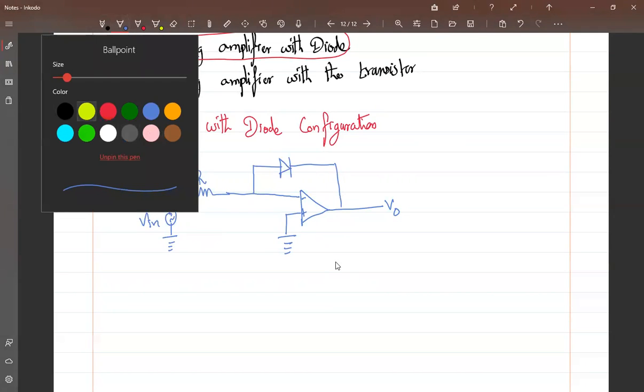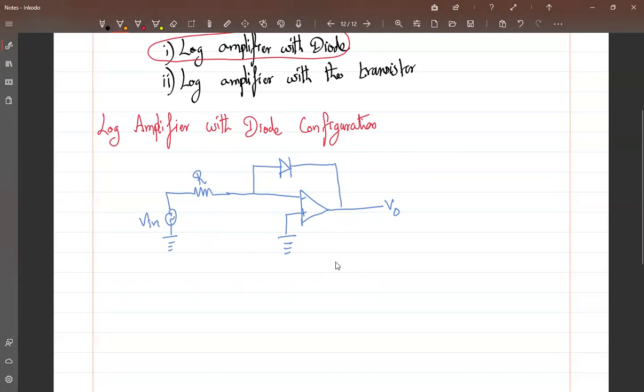Consider this is diode D. The current will flow like this. This is the input current flowing through the resistor R, and here the diode current will flow. This is the anode, positive, and this is the cathode. Because no current flows into the op-amp, at this node the voltage will be 0 volt, and here you get the output.